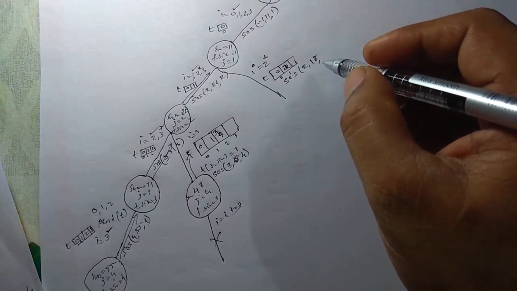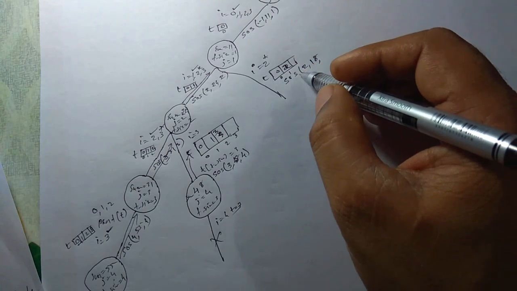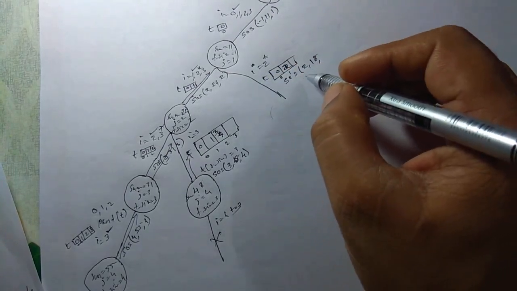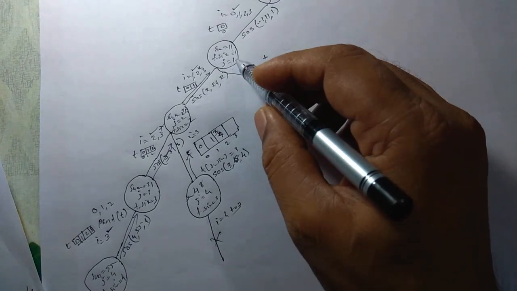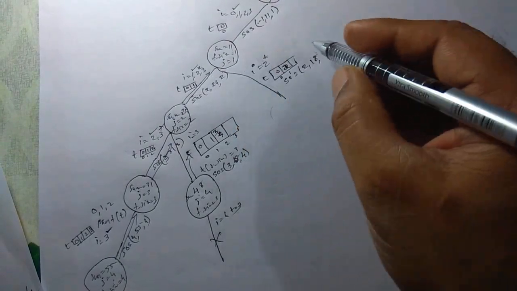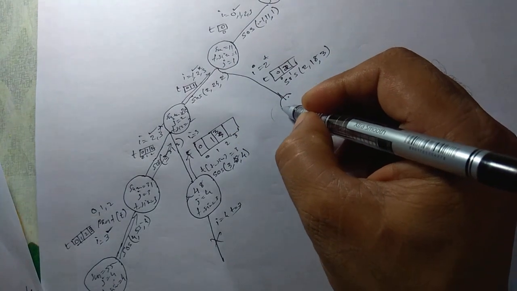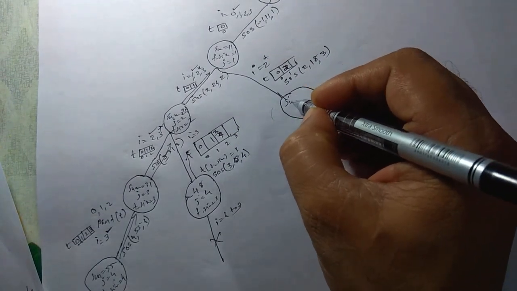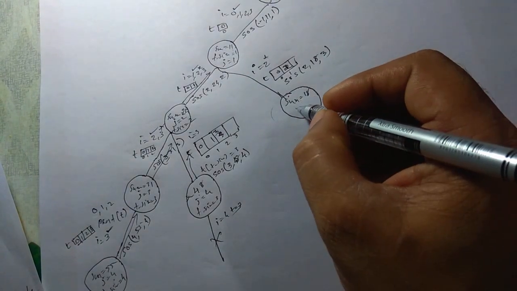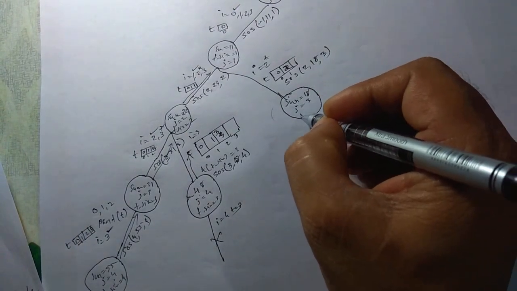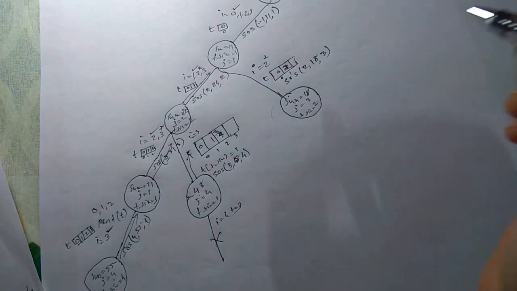Then it is descending to the next level. SOS to 18, then i plus 1, which is 3. So a new node is created with sum equal to 18, j equal to 3, and t size equal to 2.